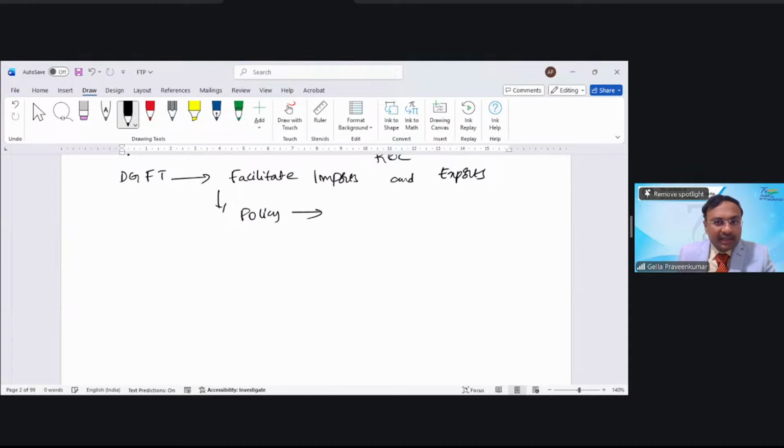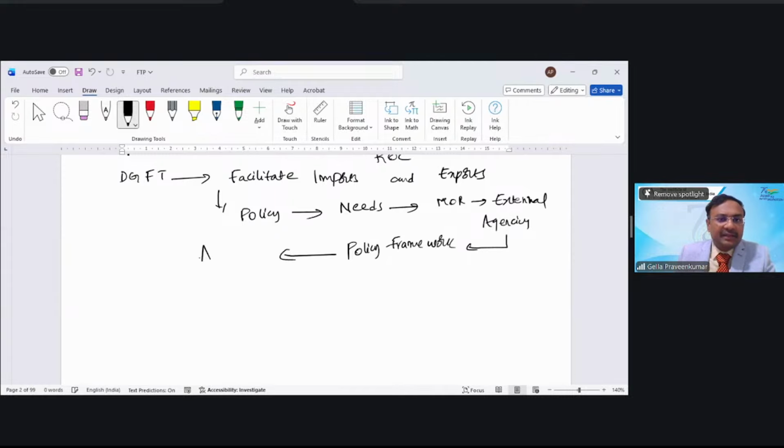They have to identify the needs of the industry, coordinate with other ministries like the Ministry of Revenue or external agencies, and bring out a policy framework which gets aligned with global practices called World Trade Organization.